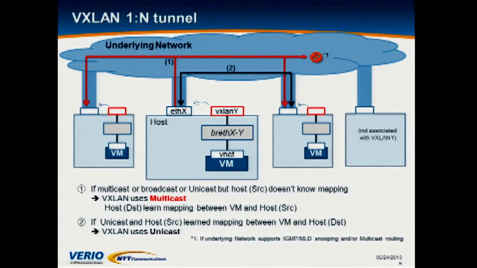That's very good for simple implementation because it automatically learns the mapping of the VM and the host. Once we migrate a VM to another host, it automatically learns the mapping again. And once the mapping times out, it automatically disappears from the forwarding database on the host. So we can easily maintain the tunnels for the entire network.